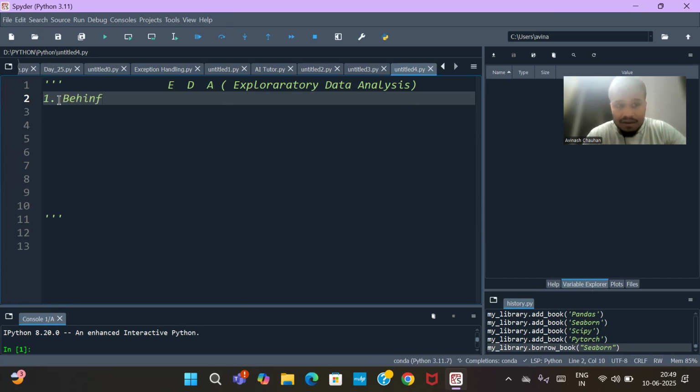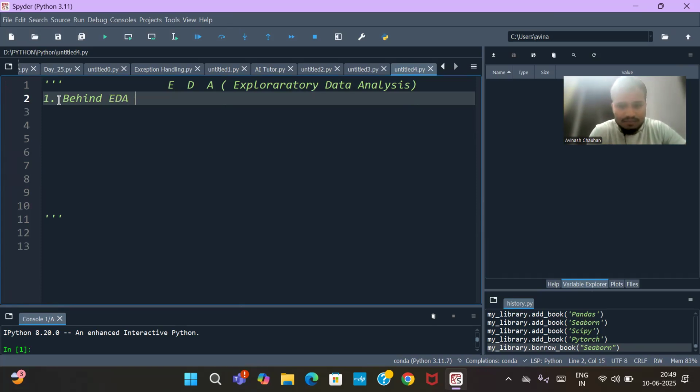Behind EDA, if you uncover the mask, basically, this is my face, right? And I'm wearing some mask, right? So that mask is EDA, exploratory data analysis. But behind that mask, it's the real me. And what's the real me? It's statistics, maths.